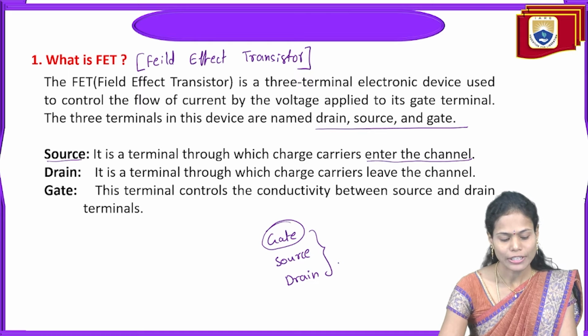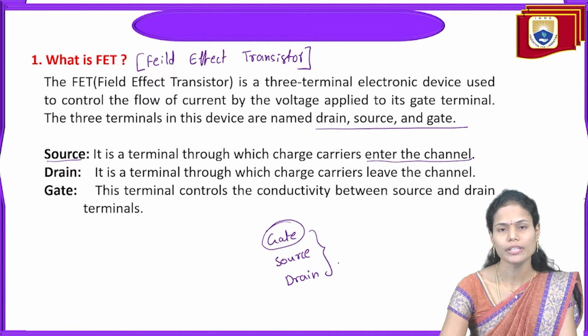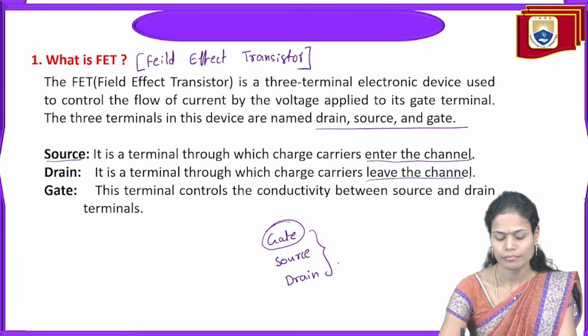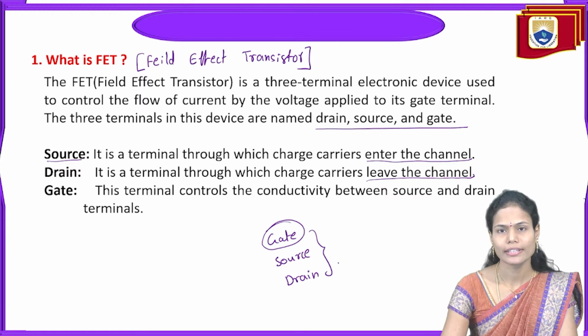By using this terminal, the charge carriers leave the channel. And what about the gate? The gate terminal controls the conductivity between the source and drain terminals. The current conduction through the channel is controlled through the application of voltage across the gate terminal.